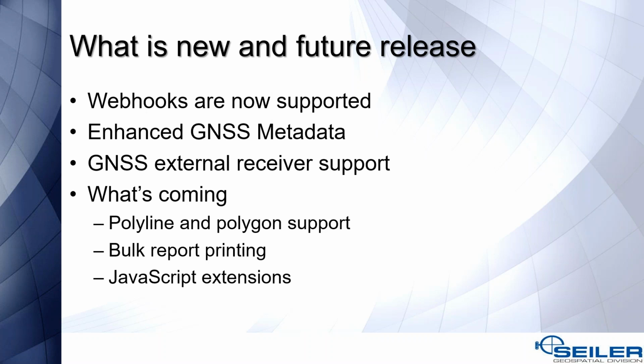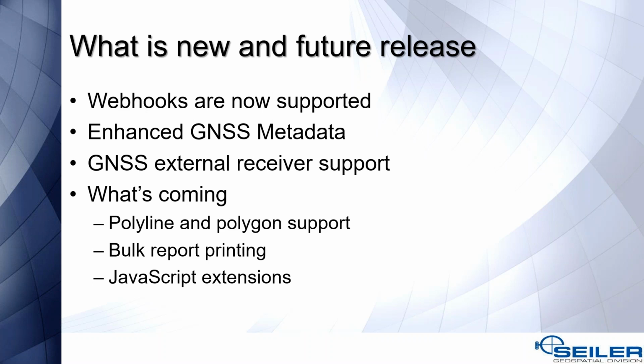And then here's what's coming for Survey123. They are going to bring in polyline and polygon support. As of right now, this is purely taking points out in the field, so they will add in lines and polygons. I believe this is in beta currently with Survey123, and you do have the ability to sign up to be a beta tester, so you can test this information as well.